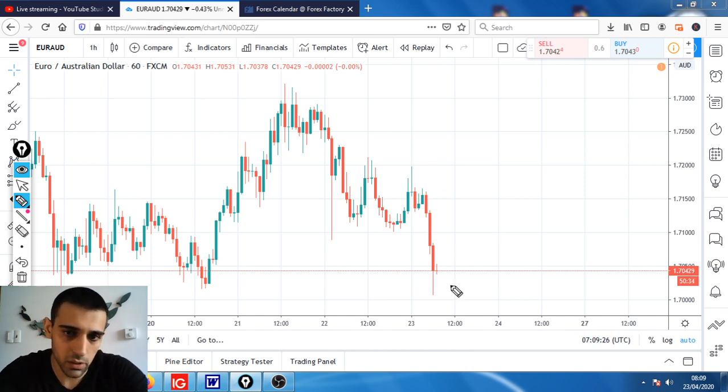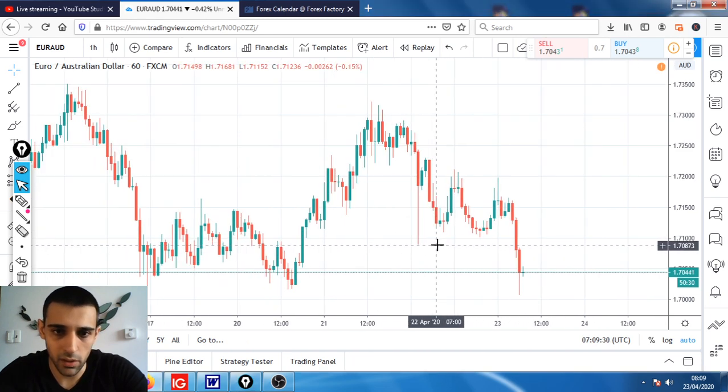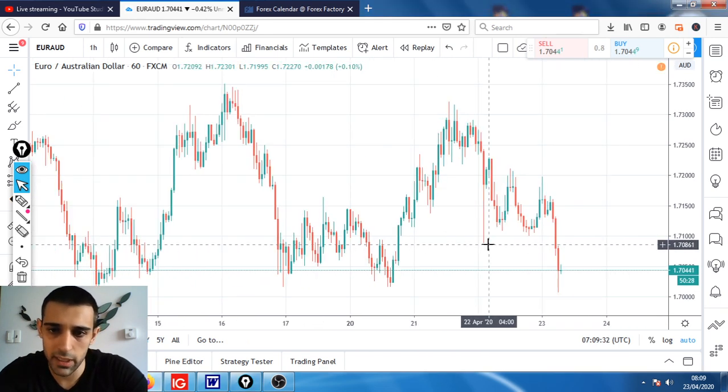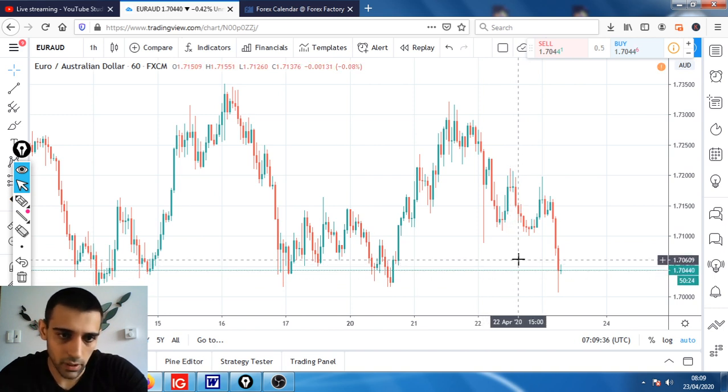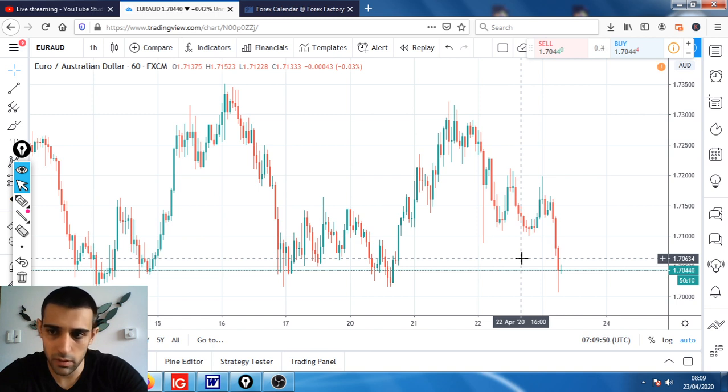However, there is potential for another if the price does the honor and retraces a bit more up. So in this case, we would be looking for the retracements. Price is currently sitting at 170.44, and we want a retracement to about the 170.60 zone, roughly. We have these highs here and these lows here, so that should be a good area to target.